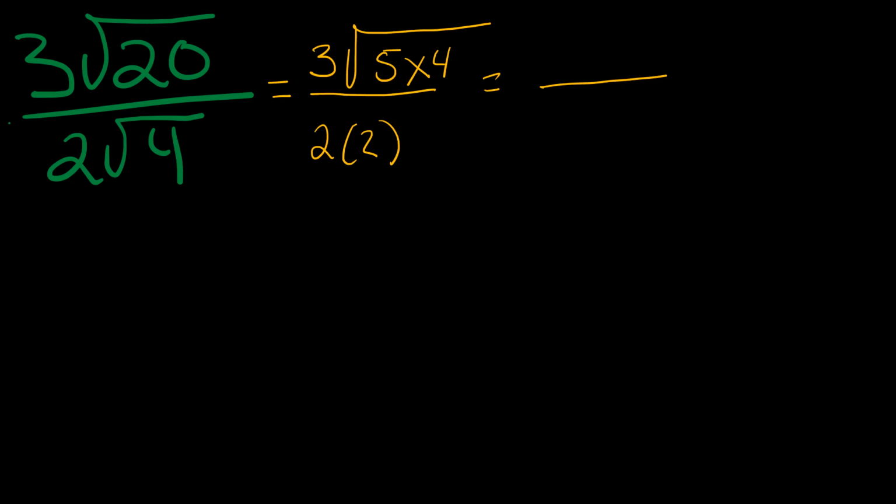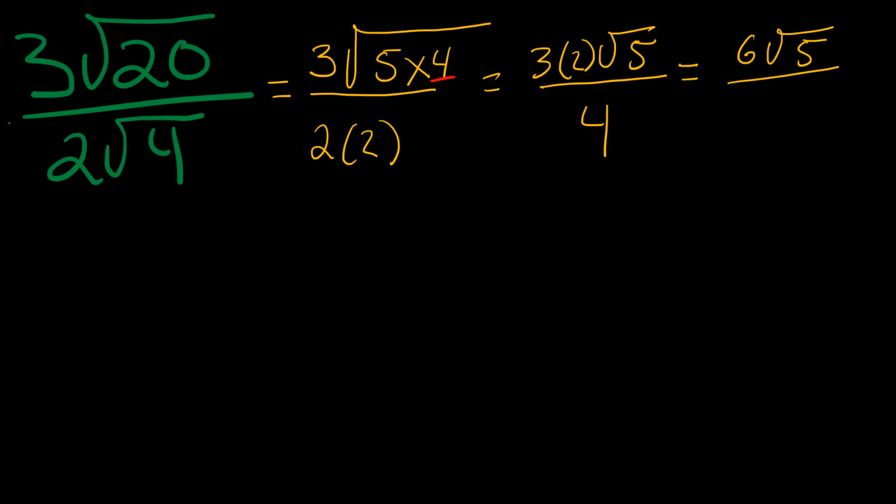So on the bottom we have 4, because 2 times 2 is 4. And on the top, we can simplify this further because the square root of 4 is just 2. So we can rewrite this as 3 times 2 square root 5. And if we simplify further, we get 6 root 5 divided by 4.